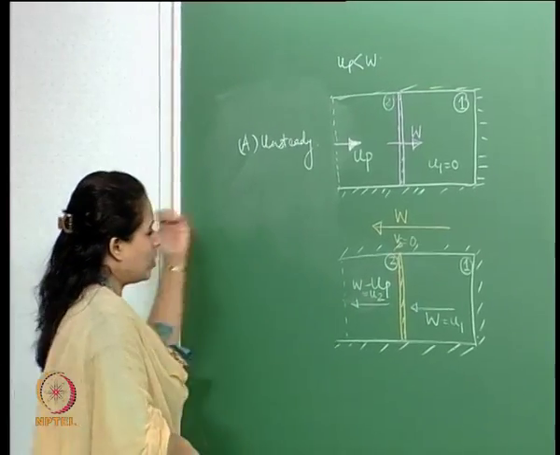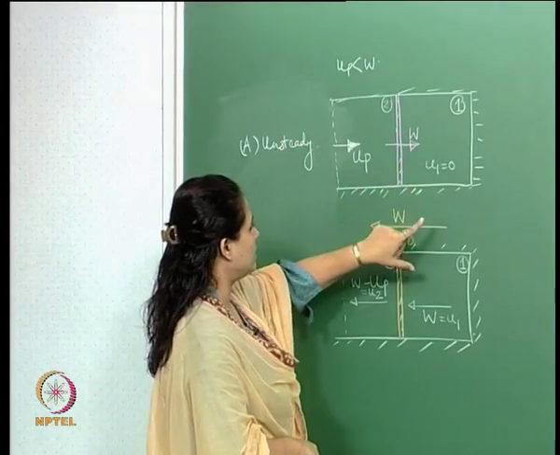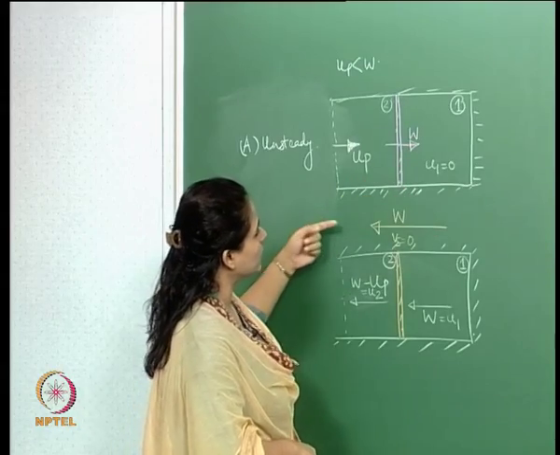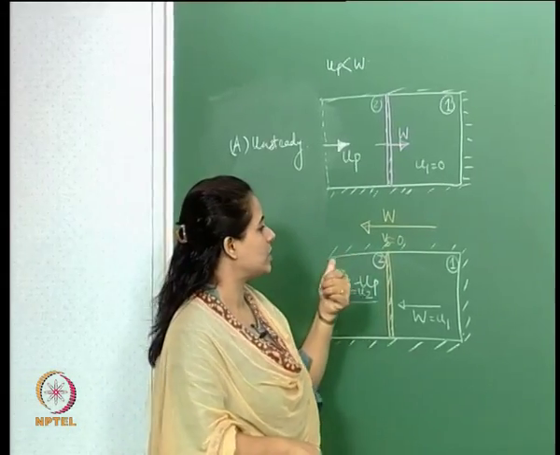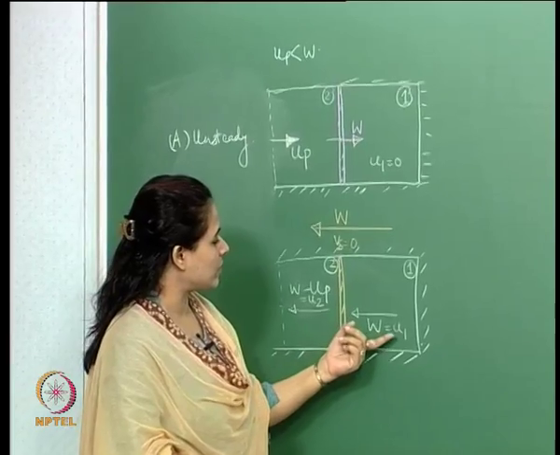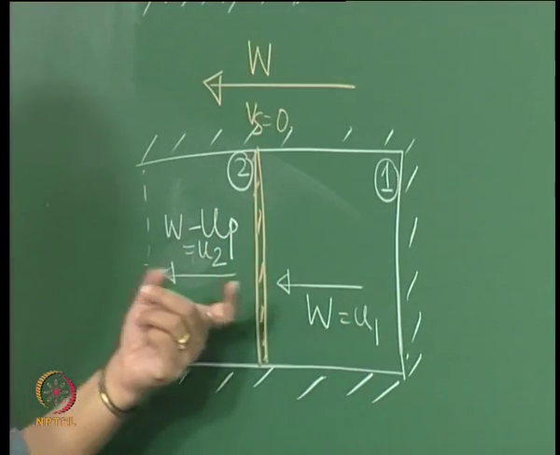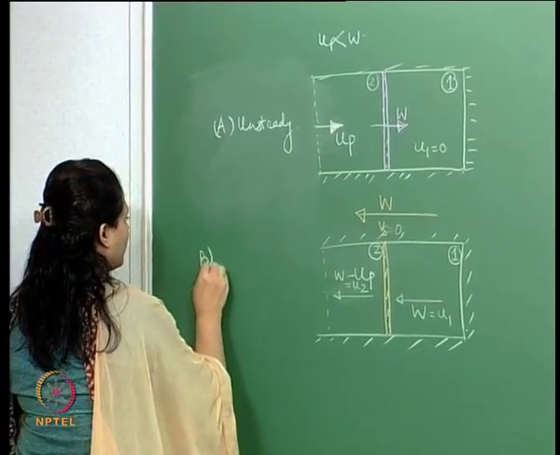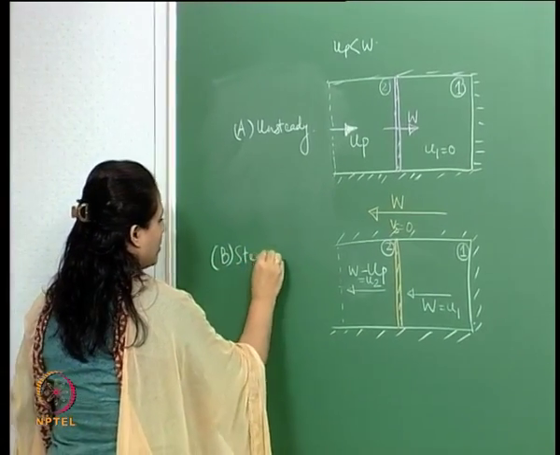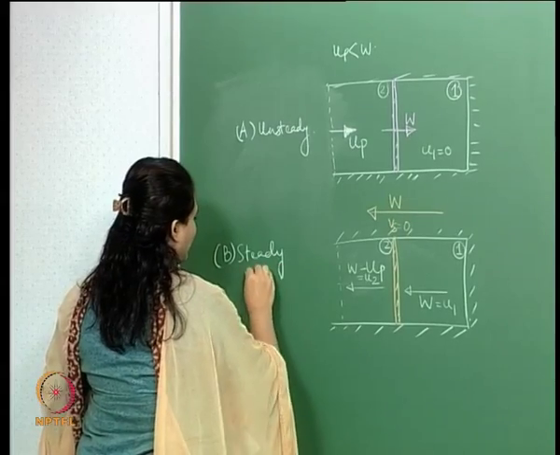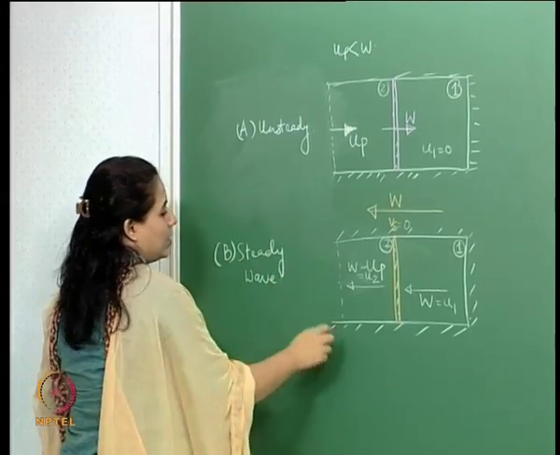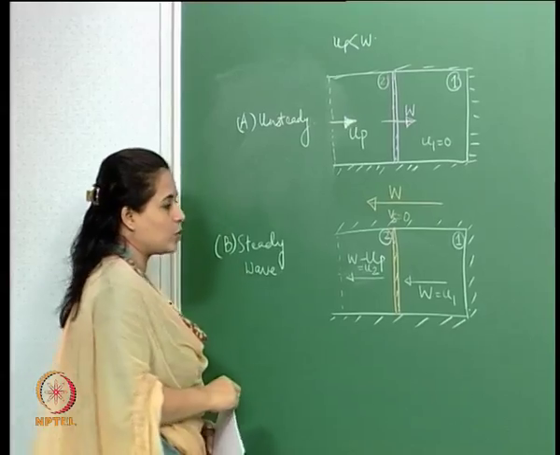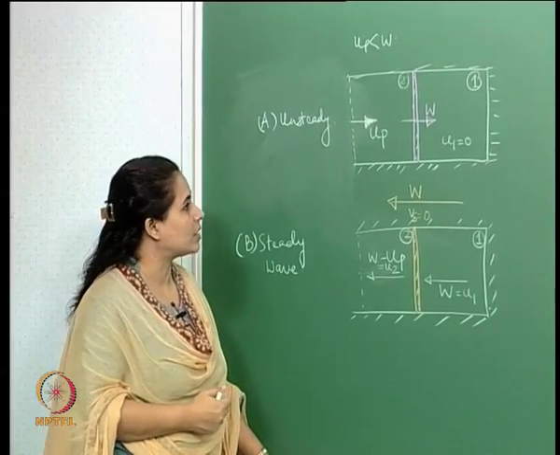All we've done is taken this and imposed a velocity w in the other direction. That gives us a velocity w in here and a velocity w minus up here, and this is my steady wave. This is a steady state. This is what we did in the last lecture.